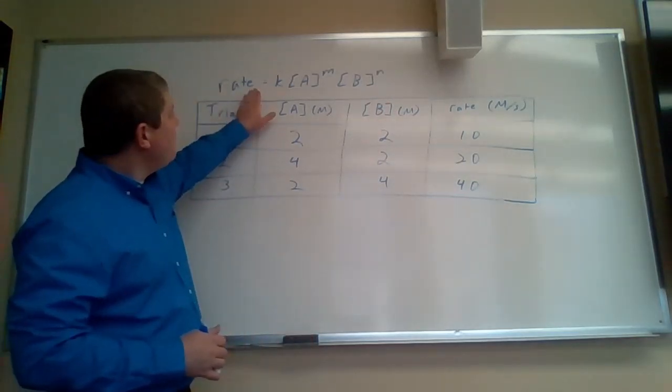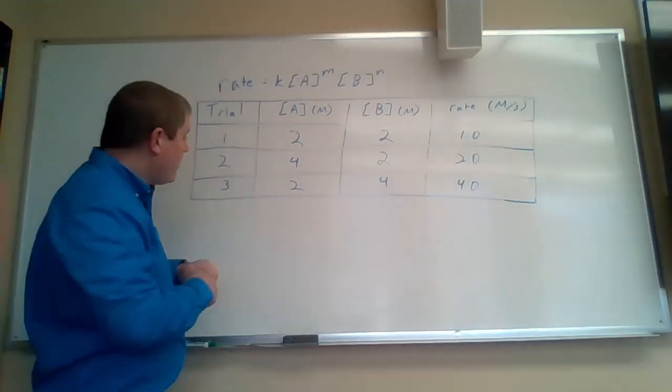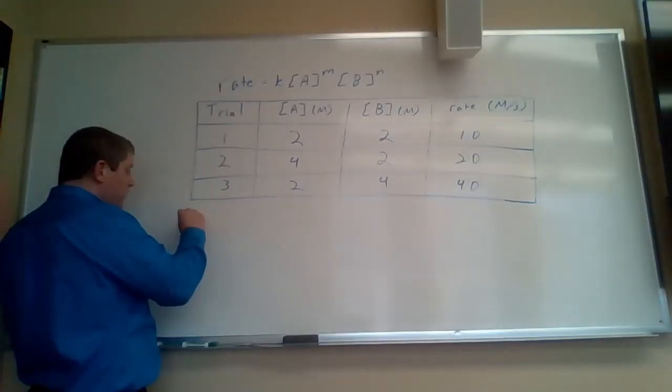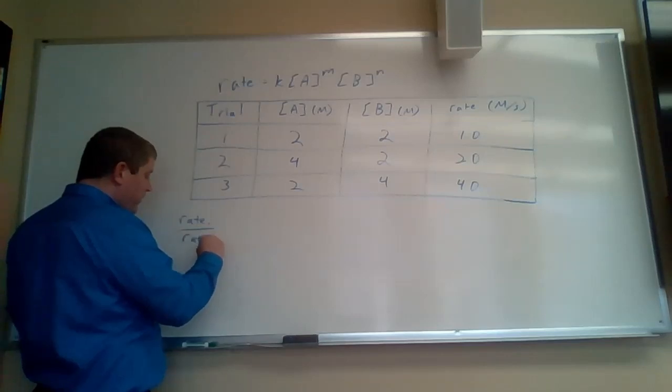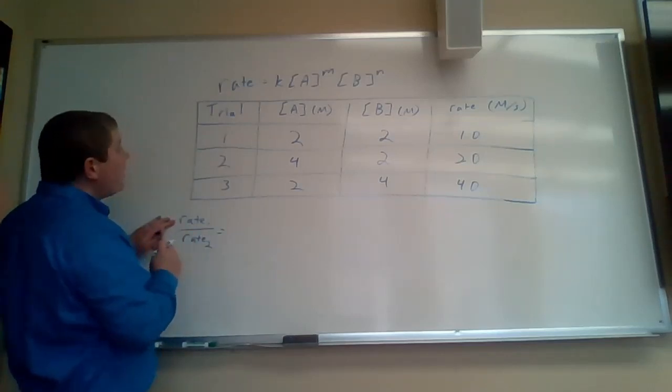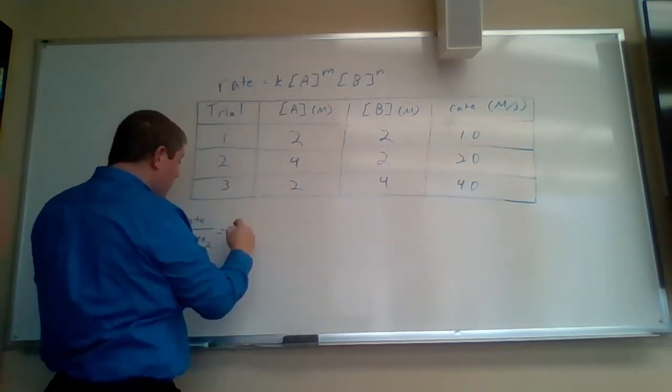We can take a ratio between two sets of this rate law where we have rate 1 over rate 2, and rate 1 has to be equal to k times the concentration of A raised to the m and so on.